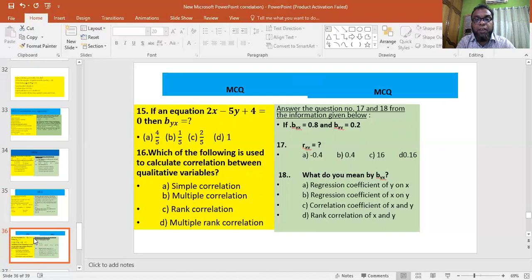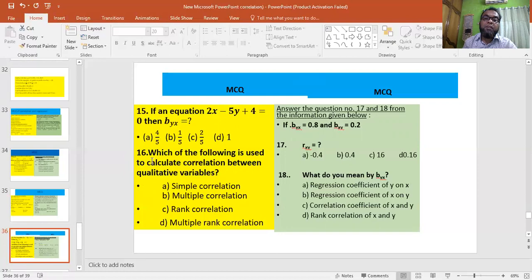Which of the following is used to calculate correlation between qualitative variables? We know that to find the coefficient of correlation for qualitative variables, we have to use rank correlation.